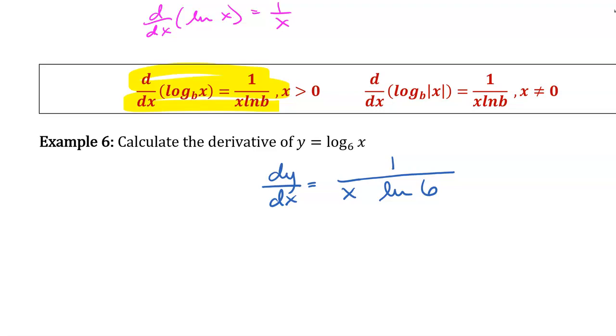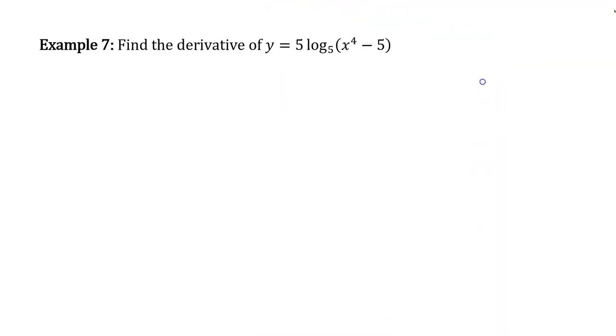So let's do one slightly harder. How about 5 times the log base 5 of x to the 4th minus 5? So we want to do this as well as we can. So the first thing that I notice is I will end up doing the chain rule. So if u is x to the 4 minus 5, then du, or u prime, would be 4x cubed.